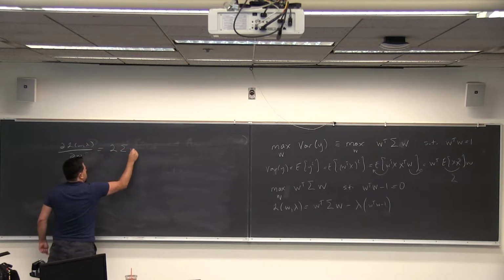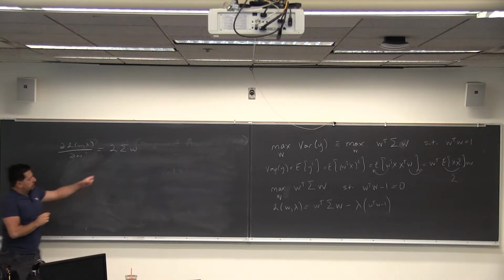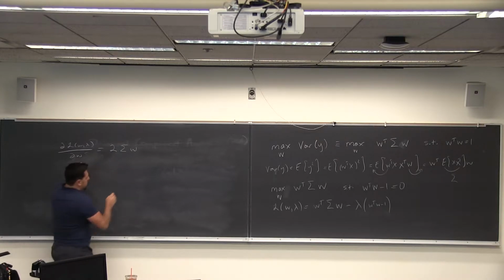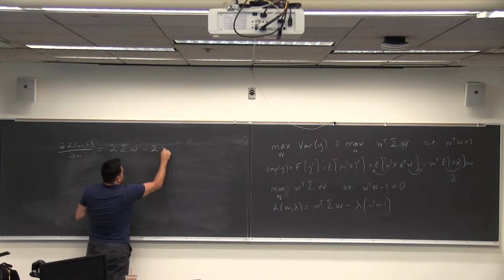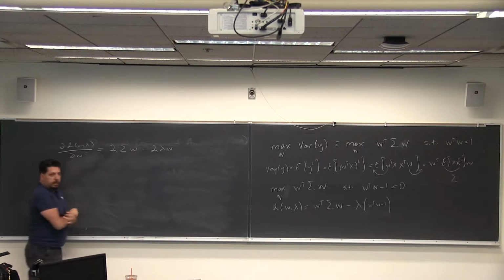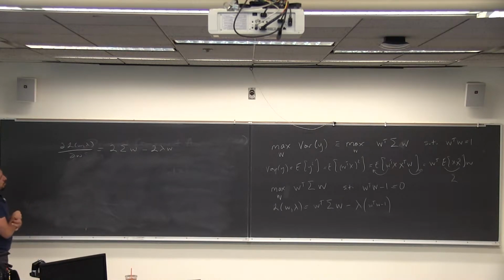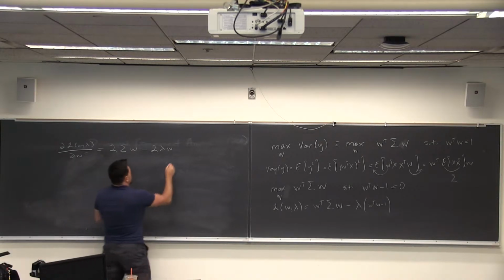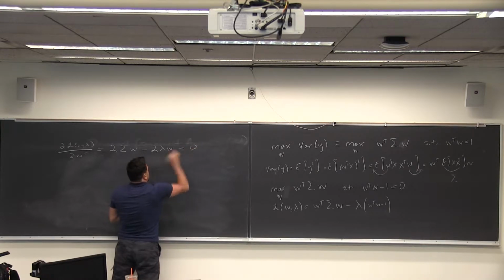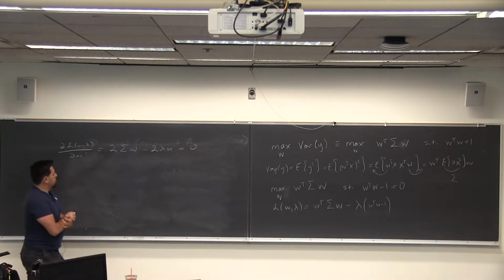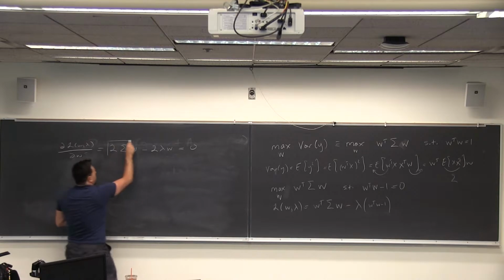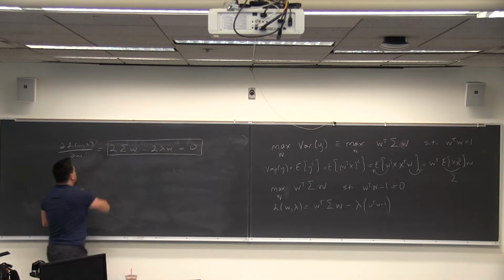So 2 sigma W, that's the derivative of the first term. Second term, minus 2 lambda W, right? So at my solution, this should become 0. So I'm going to solve for this.